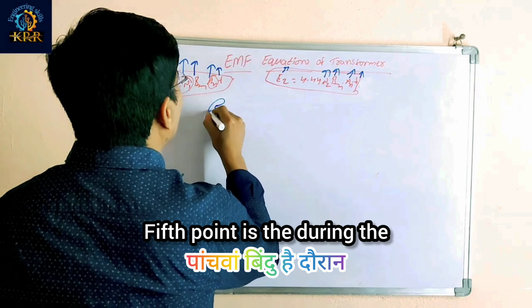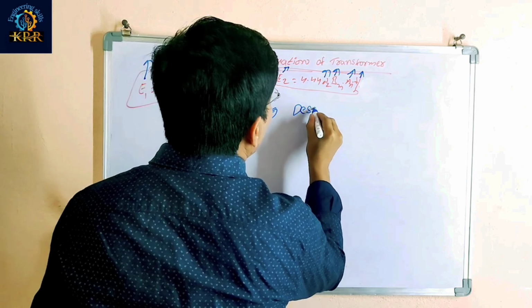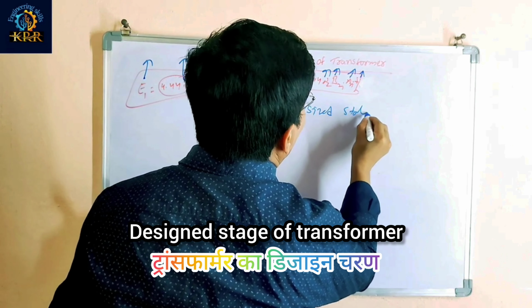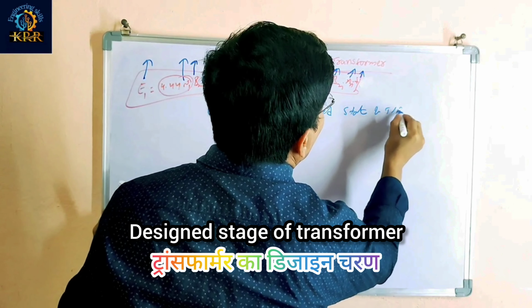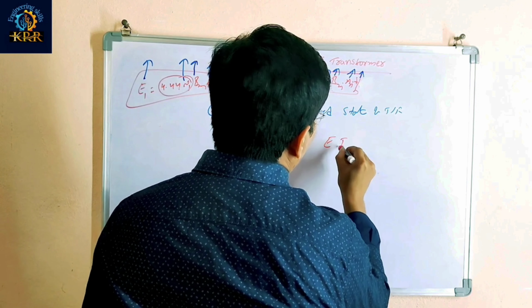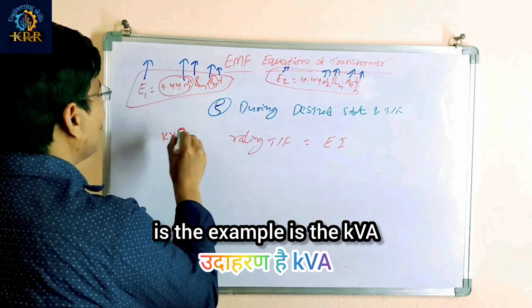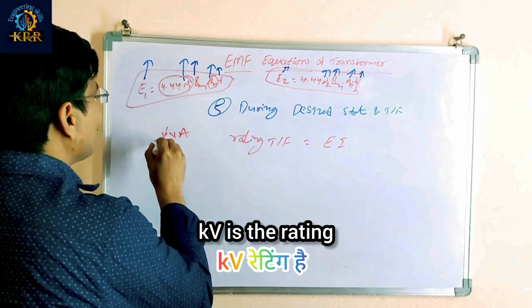Fifth point is during the designed stage of the transformer. During the designed stage of the transformer, the rating of the transformer depends on E and I. Basically, the rating of the transformer is, for example, kVA.